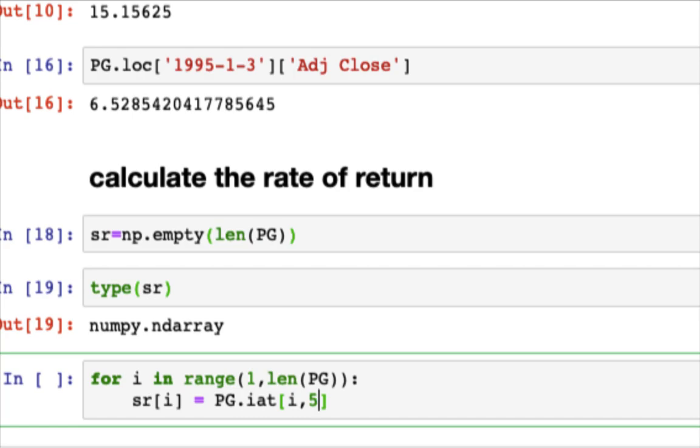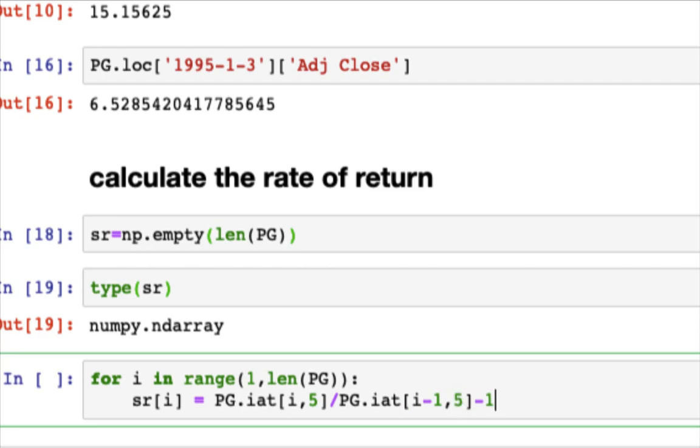This is the reason why I would prefer that .at works, so I could specify adjusted close. But unfortunately it doesn't work, so I have to specify the numeric value of the column. Divided by the price at the previous time, so i minus 1, 5, minus 1.